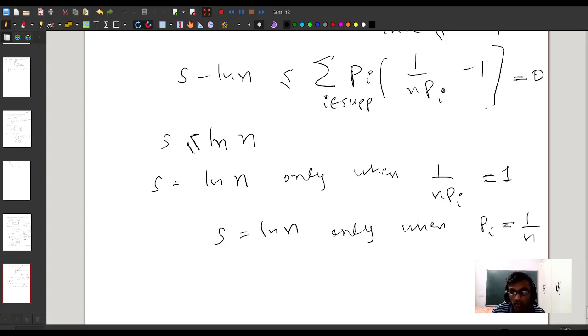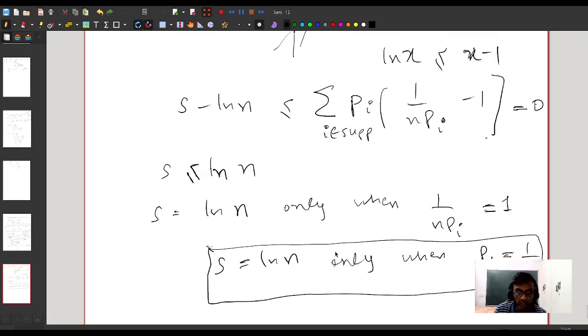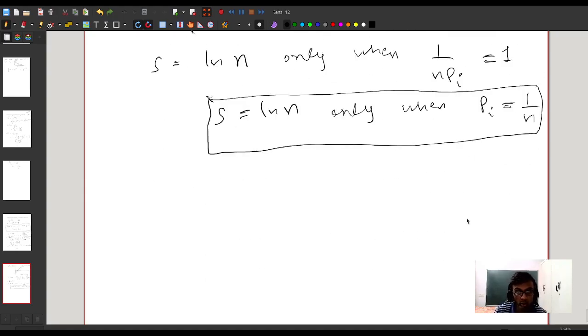So our guess indeed was right, I mean our intuition, that the entropy is maximum when no outcome is skewed or favored, or the probability distribution is not skewed towards any particular outcome. So indeed the maximum entropy is ln n, and it occurs when the distribution is uniform.